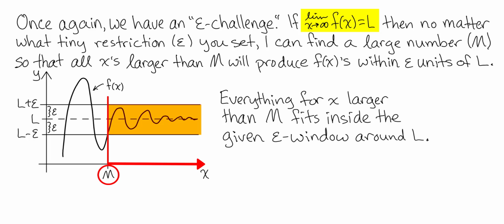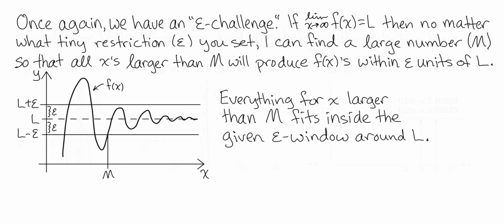We will be within epsilon units of L. Notice that this m value is at the place where everything after it is within the allowed error. There are places where the graph crosses the error lines first, but we don't want those places because we need everything past m to work. So we pick the last place or somewhere just beyond the last place to indicate our value for m, so that every x larger than m will have an f of x closer than epsilon to L.